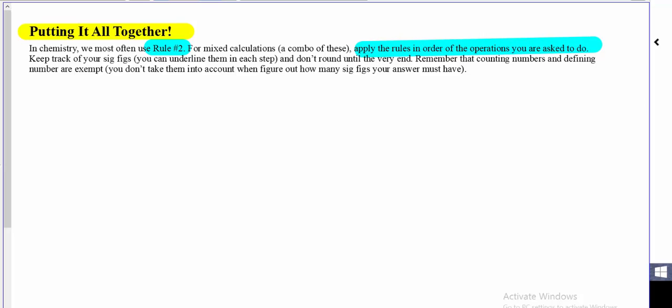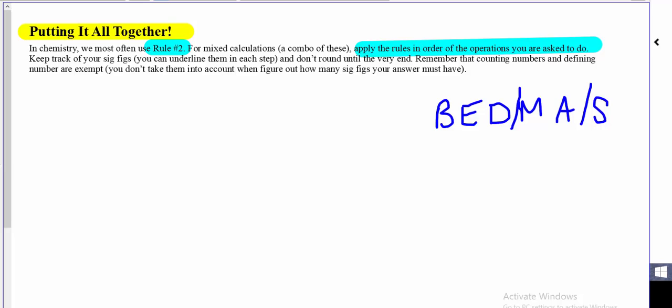And if you are not asked to do them in a specific order, then we can rely on BEDMAS, which you might remember from math, which tells us to deal with brackets first, then exponents, then division or multiplication, then addition or subtraction. So if not told specifically what to do first, we would always start with our division and multiplication before addition and subtraction.